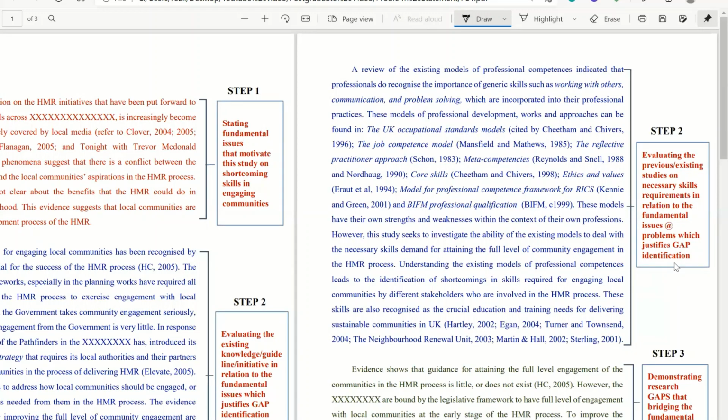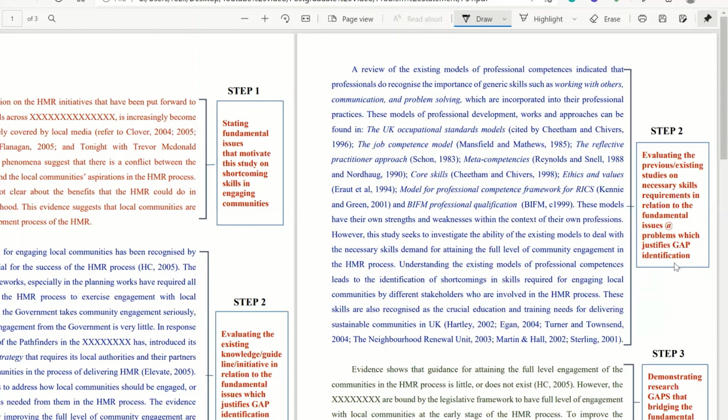So this is from the previous researchers, from the previous literature, from the previous knowledge on the competencies and skills that are necessary for all these professionals to perform or deliver within the process of this housing market renewal project. So this is all already there.